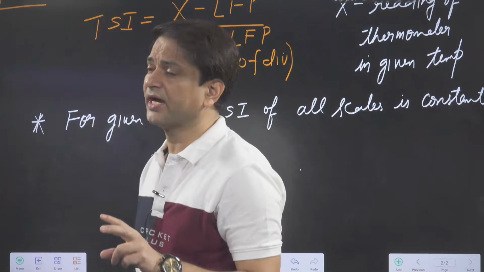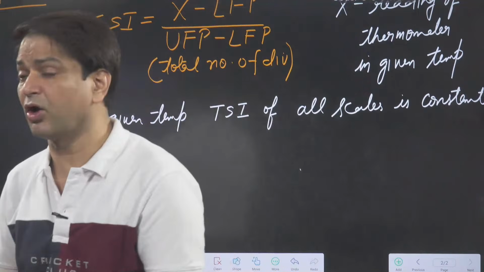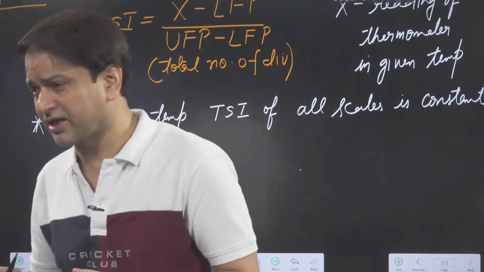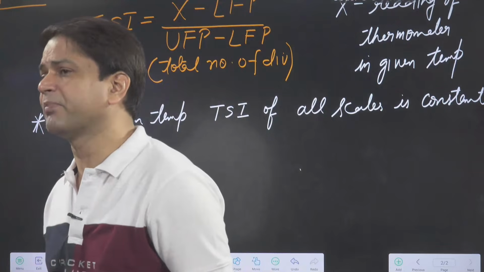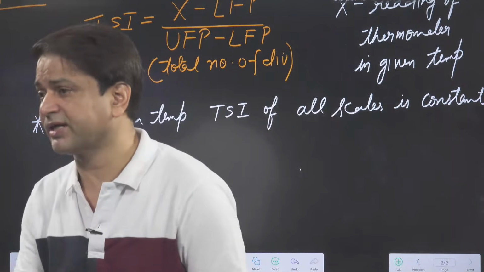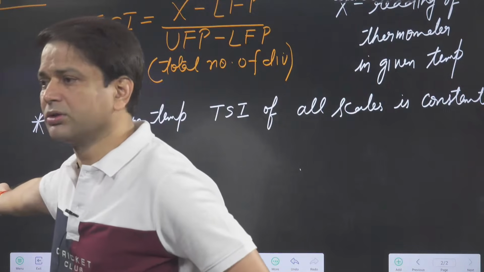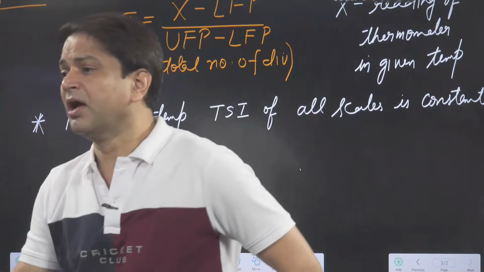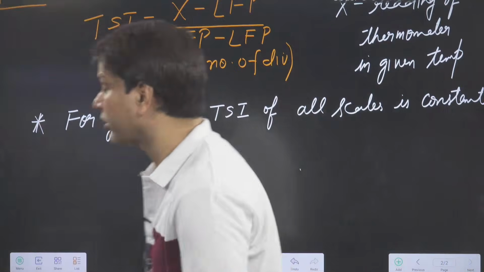Remember, whether I use these three scales, Celsius, Fahrenheit, Kelvin, or a faulty thermometer, or a hypothetical thermometer, as long as we use two reference temperatures, for the given temperature that TSI will be constant.